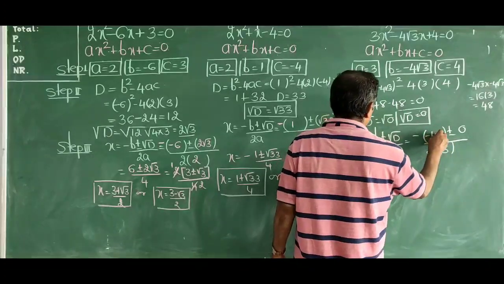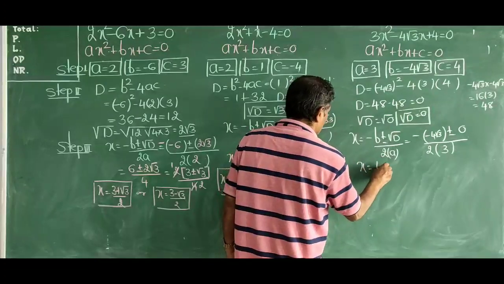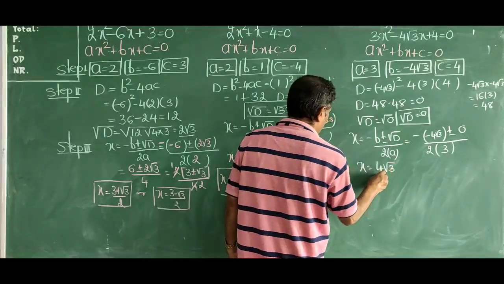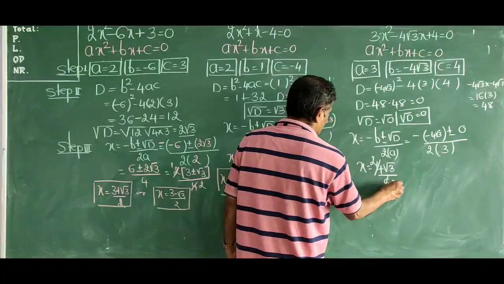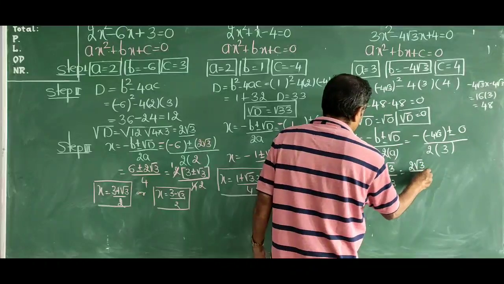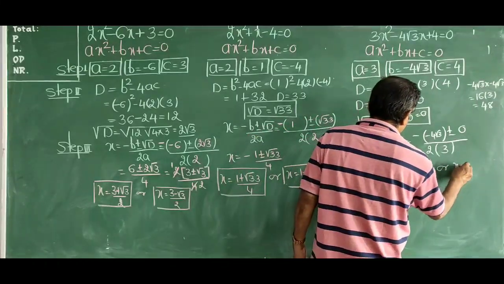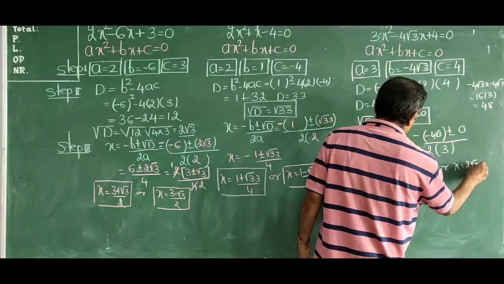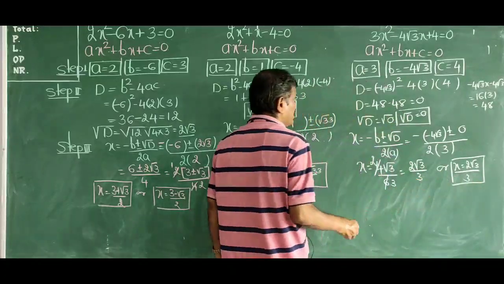Minus b is minus 4 root 3. So this becomes x is equal to 4 root 3 divided by 6. 2 2s are 4, 2 3s are 6. So 2 root 3 divided by 3, or we have to write again x is equal to 2 root 3 divided by 3. We say roots are repeated.